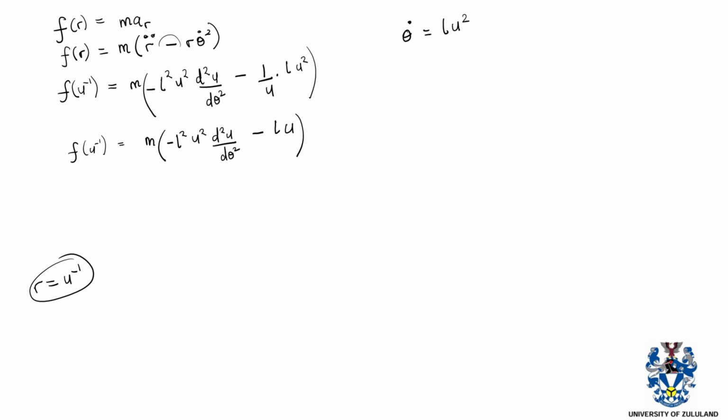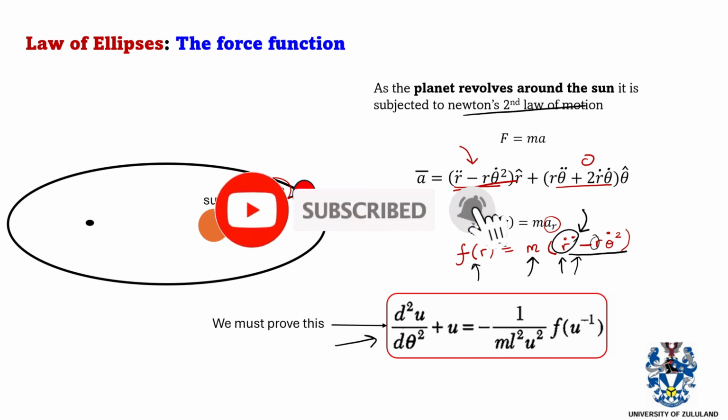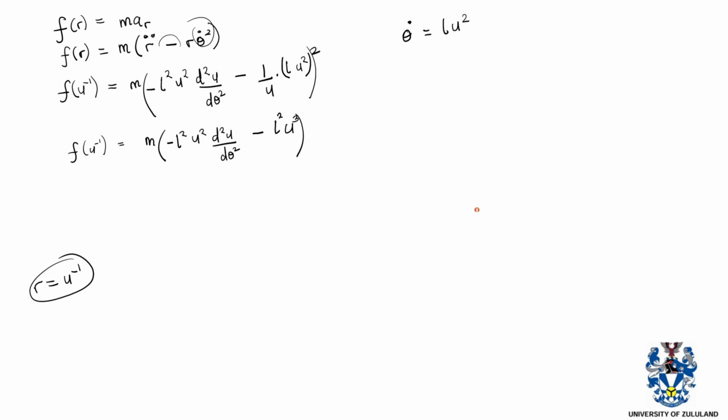To simplify this into your final expression, oh, remember there's a squared here, this is theta dot squared. So this is just going to be L squared, then u to the power of 3 after doing all the cancellations. So now our final formula for the force function, remember we have to prove that it is equal to this. So now let us try to prove that.